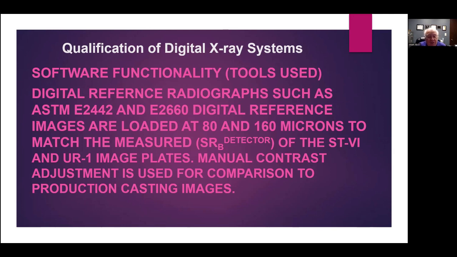So for instance, we have two different style plates, the ST6 and UR1 plate. Now, once you enter these, you'll have the image of the part, and then you'll have the reference images as you split your screen. They have to be able to move together. So they have to magnify together, and they have to change brightness and contrast together.